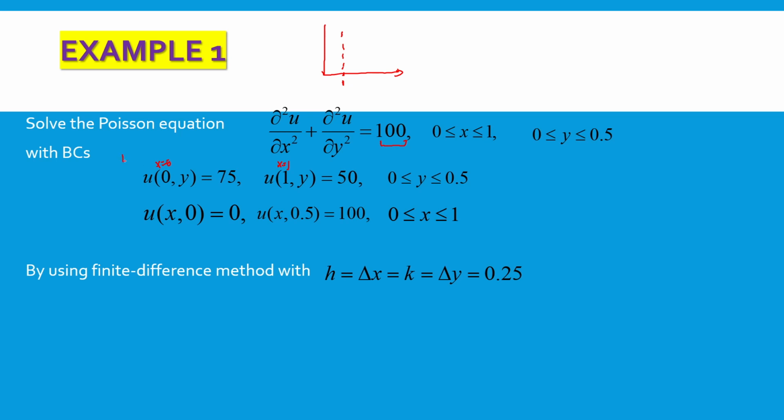So this is the left, this is right. Please put it properly, because putting the wrong boundary will affect your inner solution. So x equal to 0 is the left, x equal to 1 is the right. And then u x 0 equal to 0.